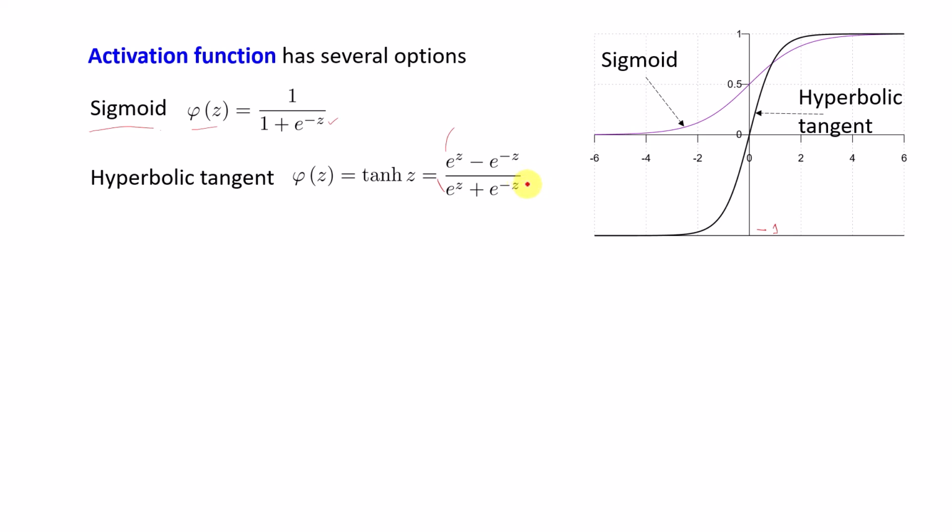On the other hand, if z goes large in the positive direction, then this e to the power minus z will be very small and we can drop it. If I drop this e to the power minus z, then it becomes e to the power z by e to the power z. That means it becomes 1. So the hyperbolic tangent goes between negative 1 and 1.